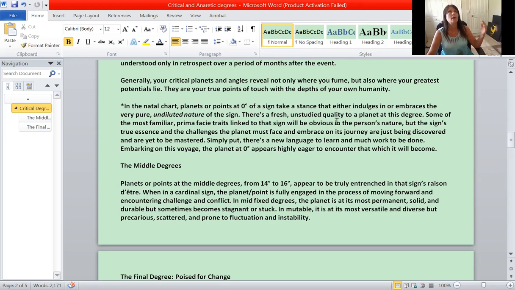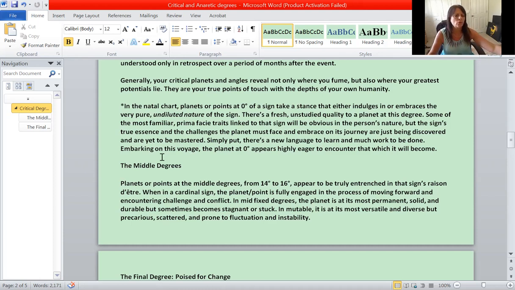It's like, wow, whoa. Some of the most familiar prima facie traits linked to that sign will be obvious in the person's nature, but the sign's true essence and the challenges that the planet must face and embrace on its journey are just being discovered and are yet to be mastered. Simply put, there's a new language to learn and much work to be done.